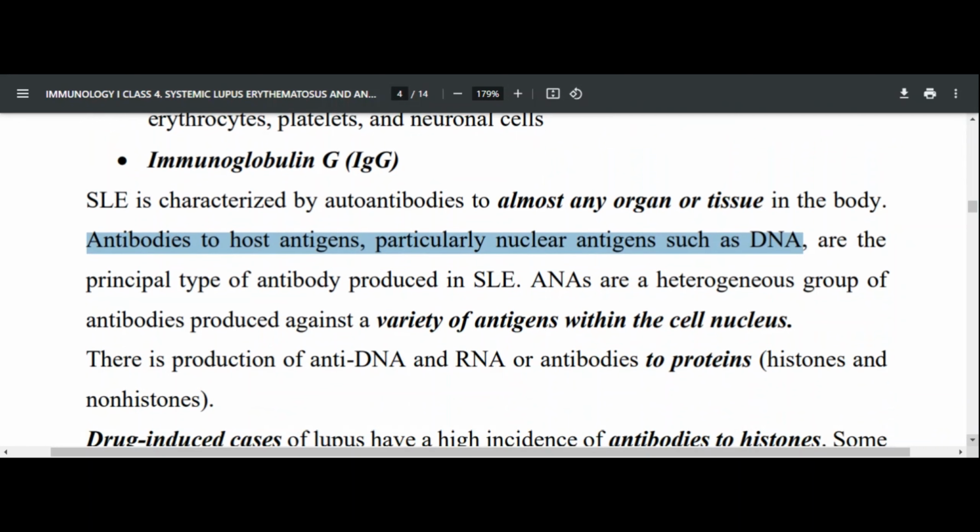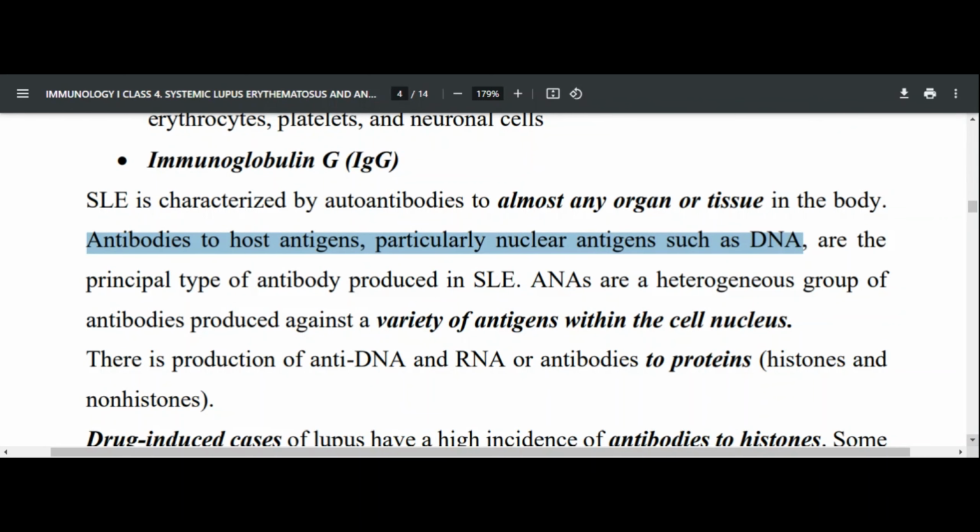In systemic lupus erythematosus, antibodies are found against every antigen within the nucleus. So there would be antibodies against DNA, RNA, and proteins, for example, histone proteins and non-histone proteins in the nucleus.